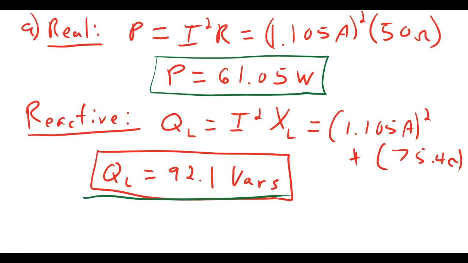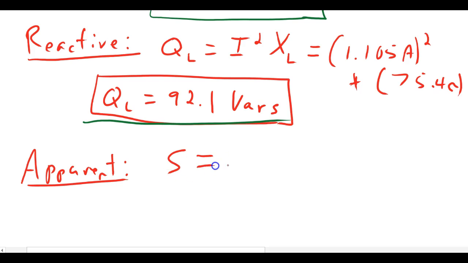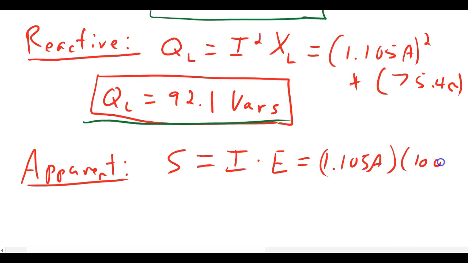Now, for the apparent power, there is more than one way, of course, to calculate it. Remember, the apparent power, S, is equal to I times E. We have 1.105 amps multiplied by 100 volts, and that gives us S is equal to 110.5.